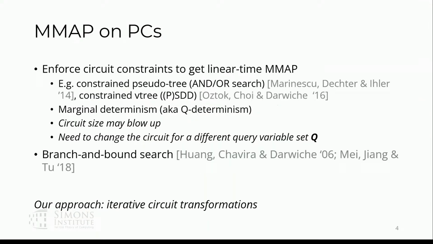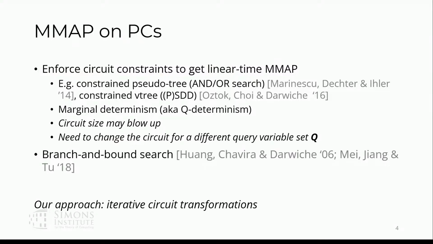So what can we do? Well, we can try to find the structural circuit constraints that will let us compute marginal map in linear time. We already saw one example of that in Rina's talk, where if you have AND/OR search with a constrained pseudo tree, basically if all the map variables or query variables appear at the top of your circuit, then you can compute marginal map exactly in linear time.